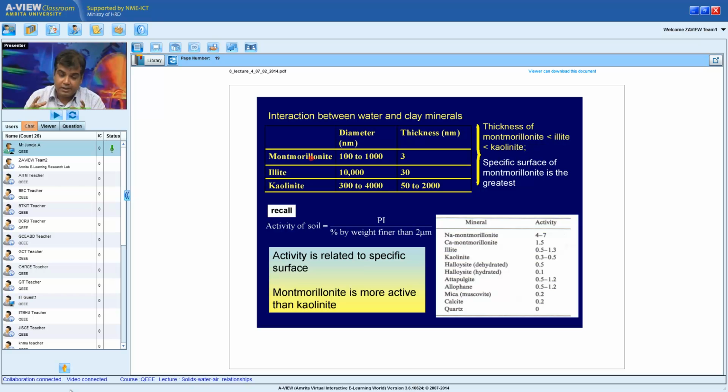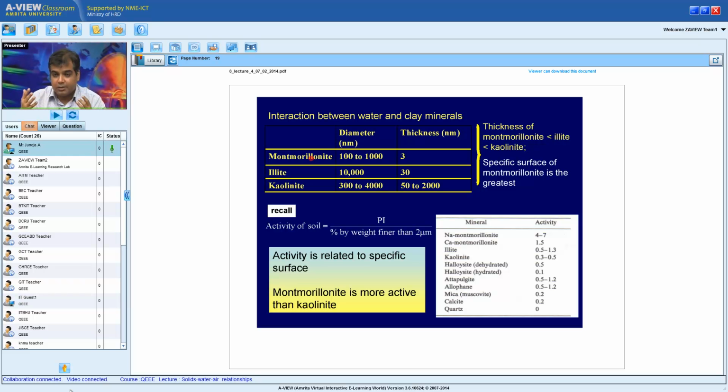If I want to rephrase this, montmorillonite will be more active compared to kaolinite. In fact, this is important for us, for engineers, because many engineers say, come on, I'm not going to look at the clay minerals. I don't have access to electron microscope. I don't have access to XRD. I can't look at minerals, and I'm an engineer.